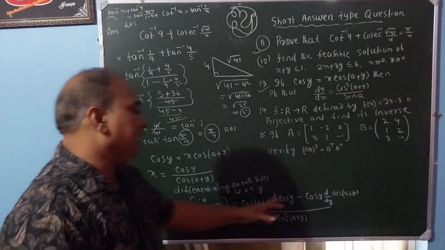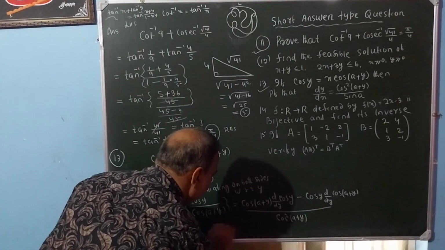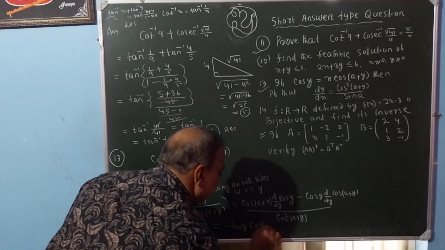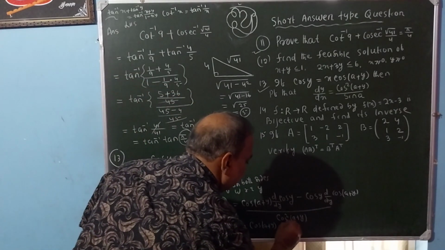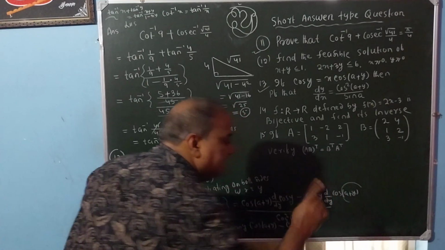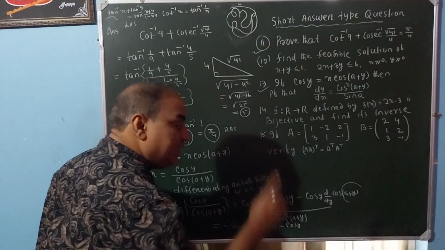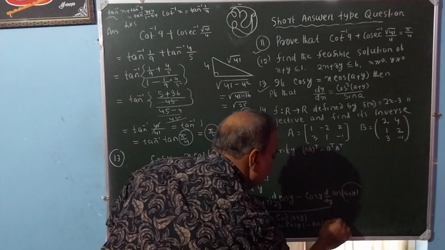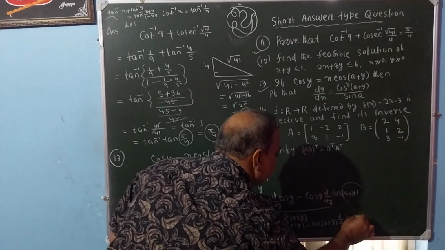The derivative of cos y with respect to y is minus sin y. Write down: minus sin y into cos of a plus y, minus cos y times the derivative of cos of a plus y, which is minus sin of a plus y into the derivative of a plus y. The chain rule is applied here.